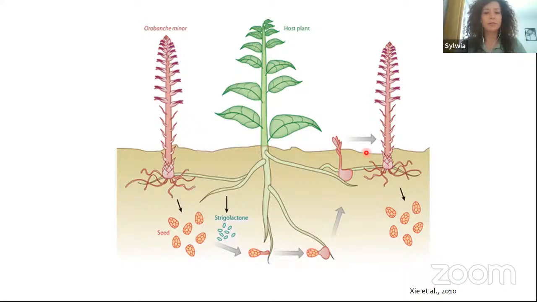Only after a few weeks will the parasite appear above the ground and start flowering and shedding seeds. These parasites are so detrimental for agriculture because, as you noticed, a lot of damage to the host plant is done before the parasitic plant is even visible above the soil.